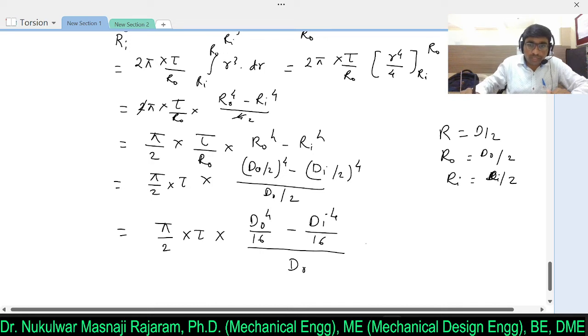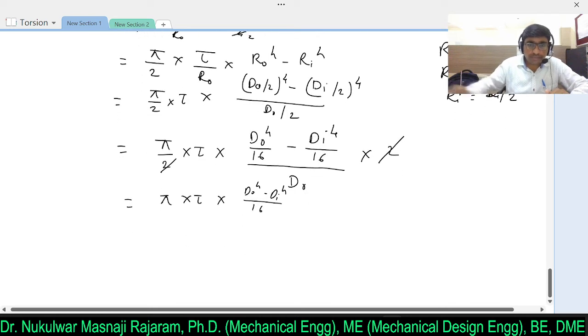So these two and these two will get cancelled. So I will get pi into tau into, considering 16 as common, do raised to 4 minus di raised to 4, divided by do. So I can write do over here.